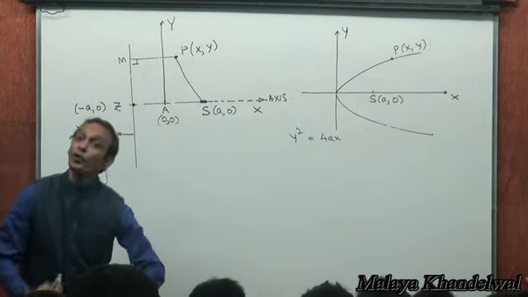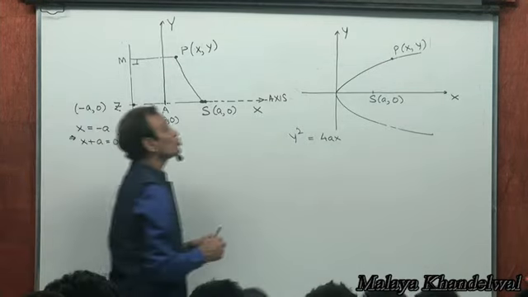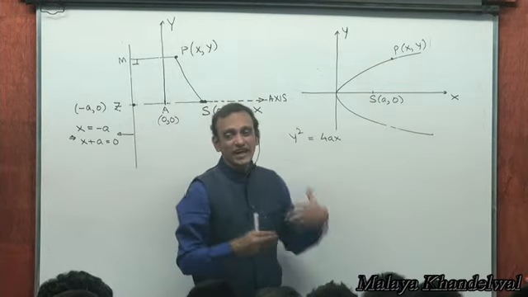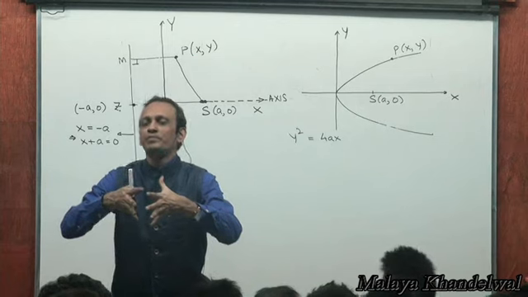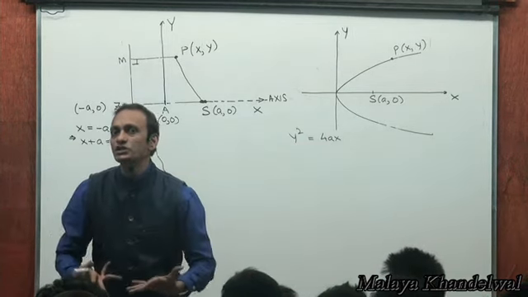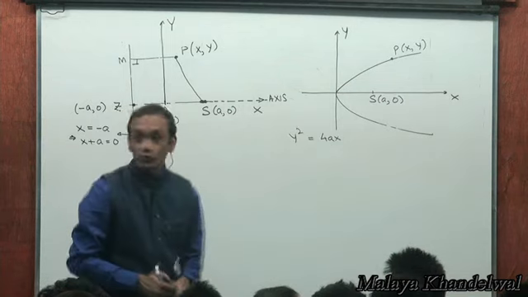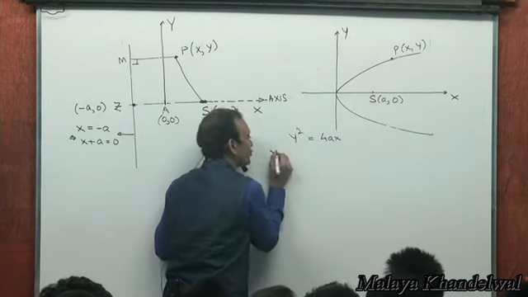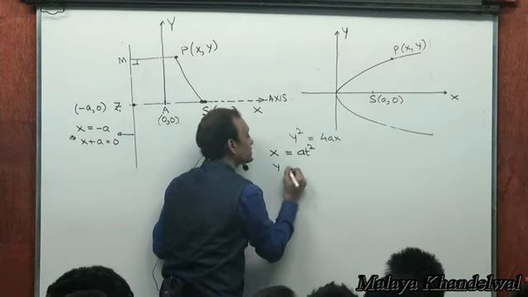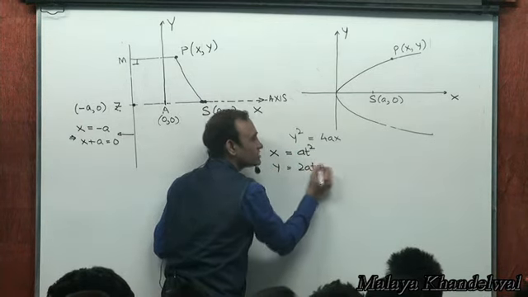Now, any point on this parabola could have been selected. This is a representation in which x and y are present in the same equation. We could have a parametric representation of points on the parabola, which means any point could have been selected as x equals at squared, y equals 2at. Check this out.